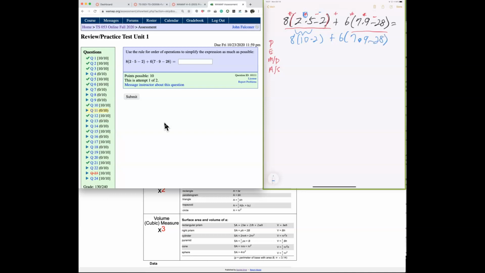Okay, then we're going to evaluate. I like to change colors for each evaluation. 10 minus 2 is 8. Keep those parentheses one more time. And then 8 times 8, let's go green. We get 64 plus 6 times 7.